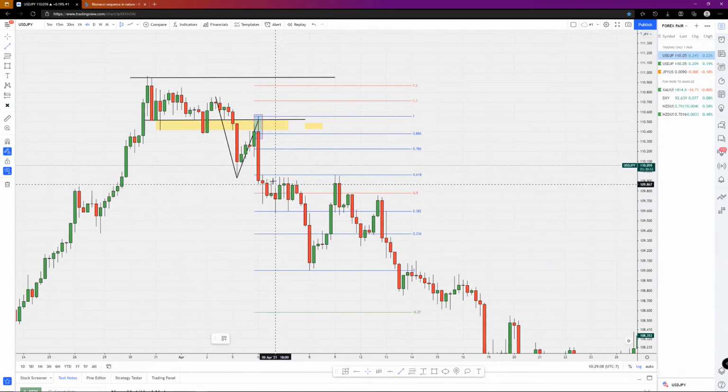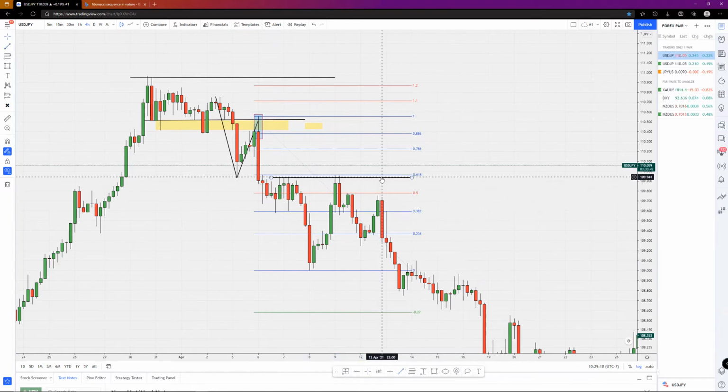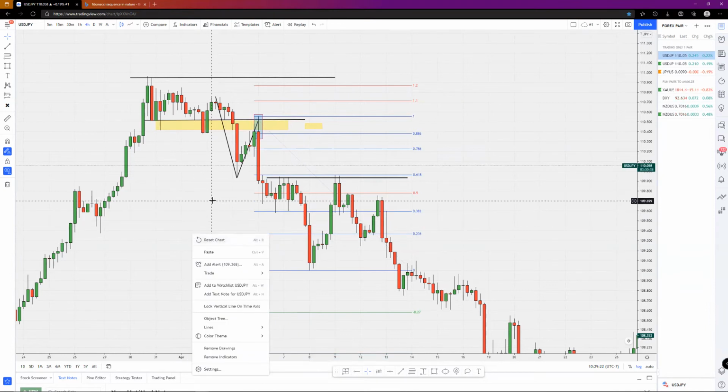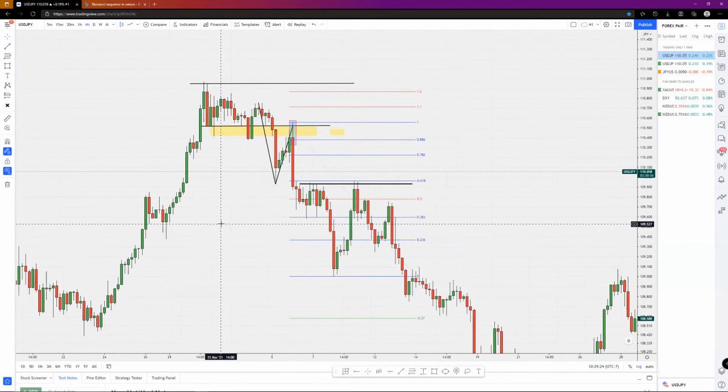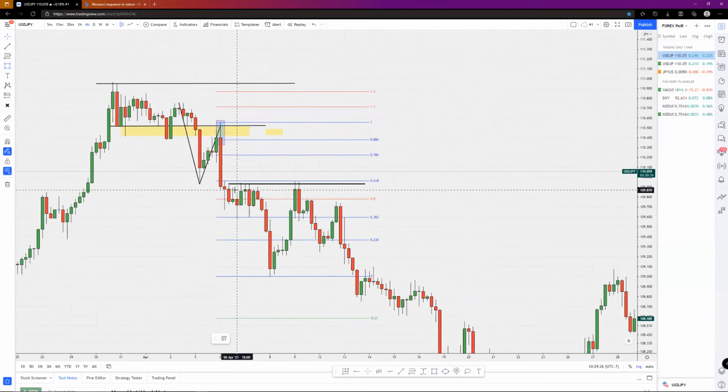What did I use as our previous example just now? Literally just now, when I showed you that 23.6 mark starts to become acting as some form of resistance, which it did, you can also draw out this actual exhaustion zone.